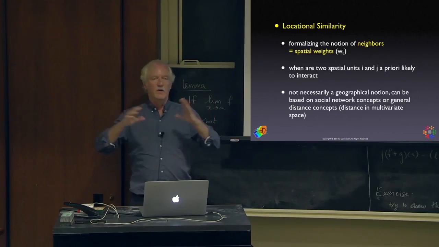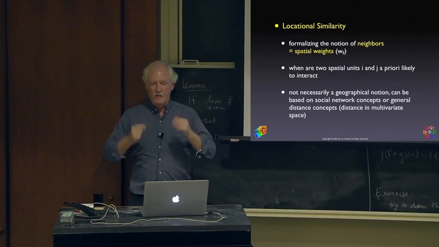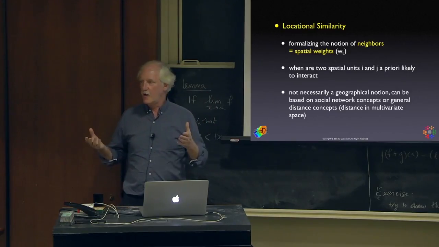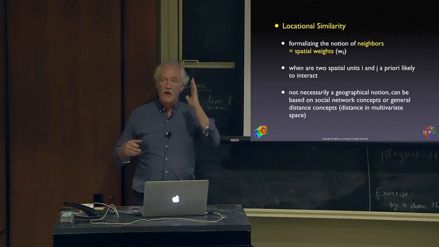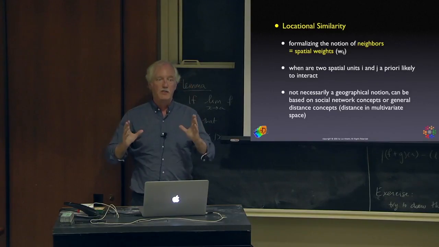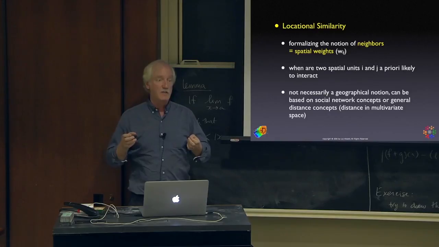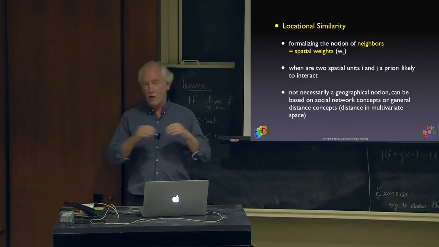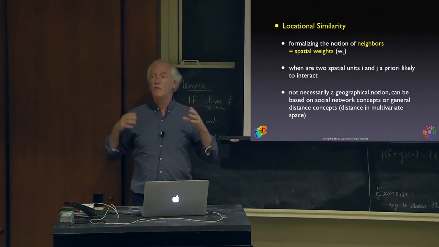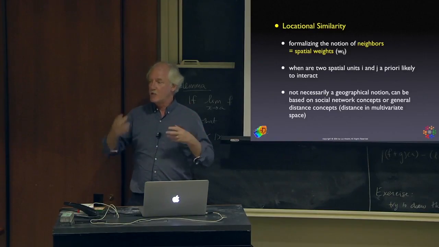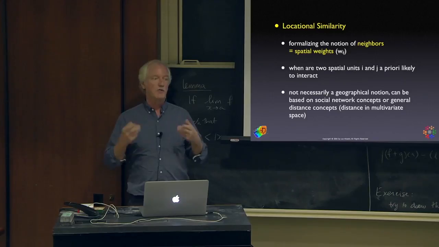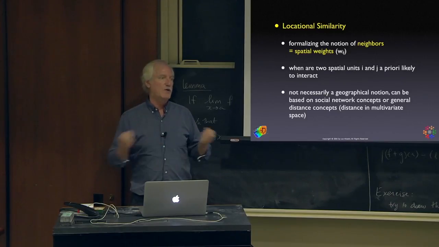The example I'll use in a second is North Carolina, which has 100 counties. So you have a 100 by 100 interaction matrix. That's 10,000 cells. But we're dealing with cross-sectional data, so we only have 100 observations. How can we somehow measure interaction, measure spatial correlation from this cross-section?